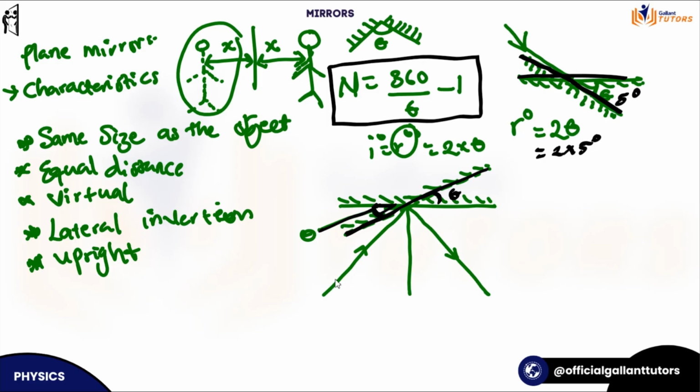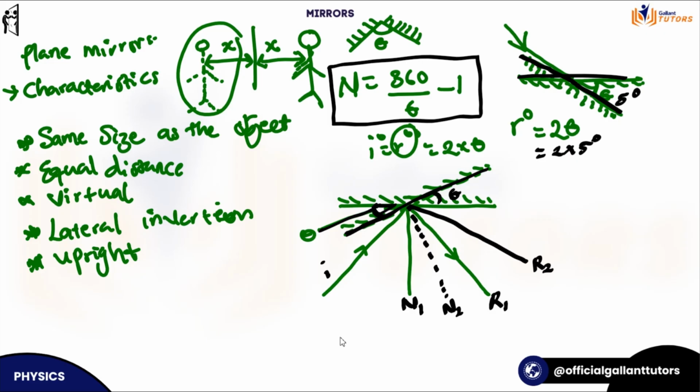If I keep this incident ray constant, I expect the reflected ray to move further. This is the first reflected ray, and we also have the normal here. This is the normal one.